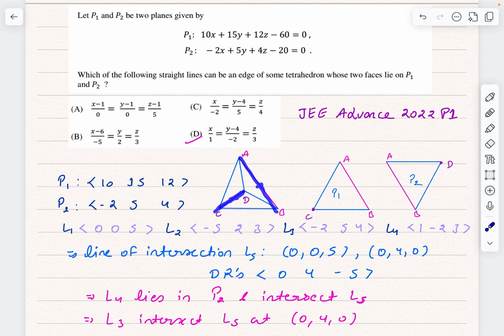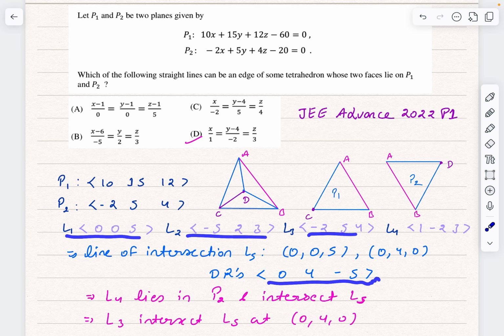So now we have to see out of L1, L2, L3, which of these lines is skew with the line of intersection. The line of intersection we refer to as L5, passing point (0, 0, 5) and (0, 4, 0), and DRs of the line are 0, 4, -5. You can see none of L1, L2, L3 is parallel to this. So if it is not parallel, we just have to make sure they're not intersecting also.